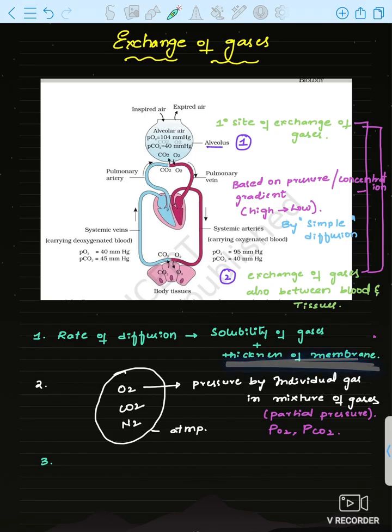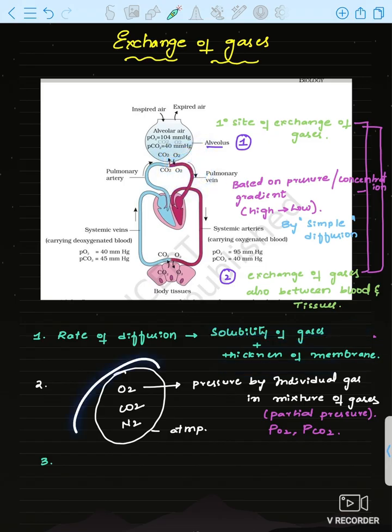Here the diffusion process is occurring between the alveoli and the blood vessel. The membrane of the alveoli and the membrane of the blood vessel should be thin. If the membrane is thin, it will be easily transported. If it is thick, it will be difficult to transport. So it depends on the solubility of the gases and the thickness of the membrane.